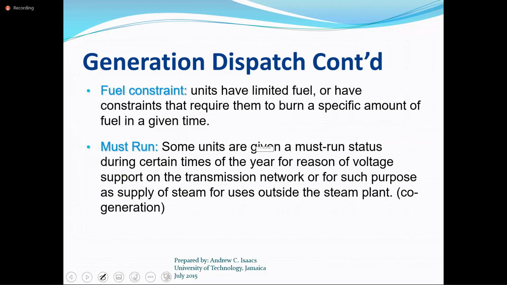Fuel constraints. Some operational features mean a unit just has to use a particular amount of fuel before you can take it off the line. These are constraints built into units.